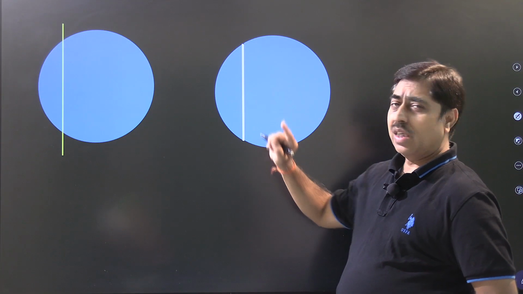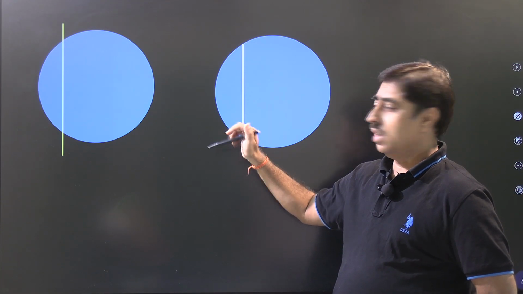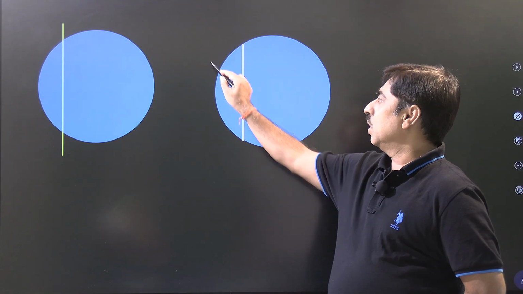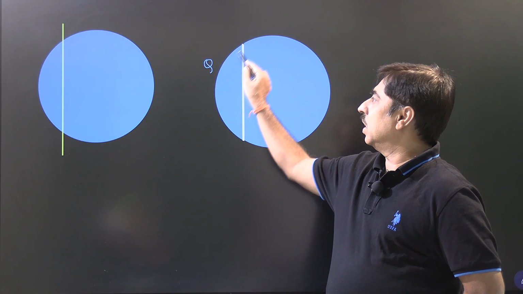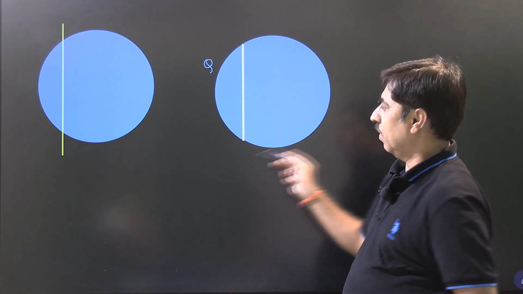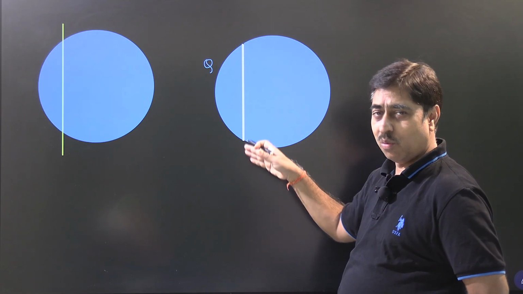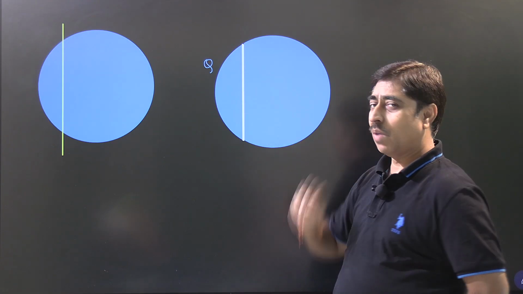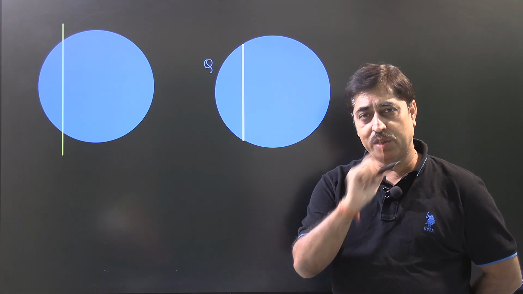Now the question says that a positive charge q is given to this smaller part of the metal sphere. This whole sphere has been cut into two parts, and now the smaller part is given a charge q.